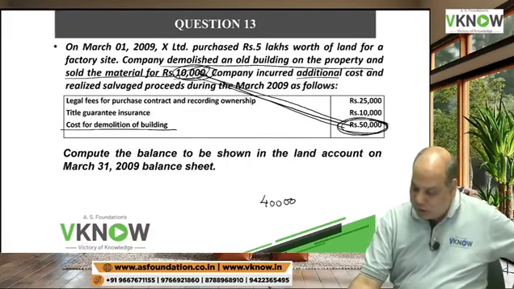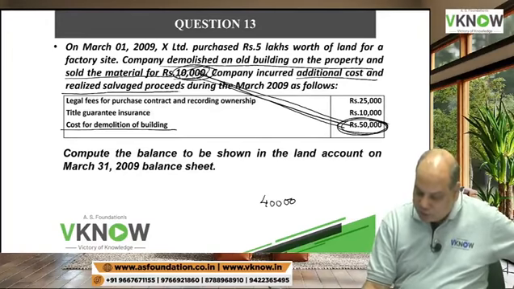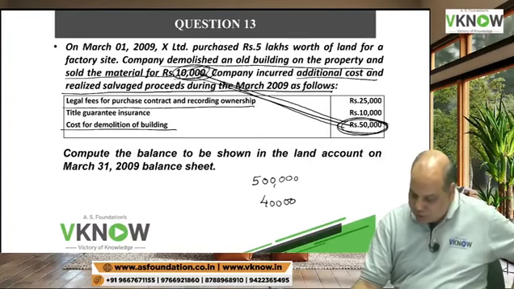The company incurred additional costs and realized salvage proceeds during March 2009 as follows. First of all, you have purchased land for 5 lakh. Legal fees you have incurred 25,000.